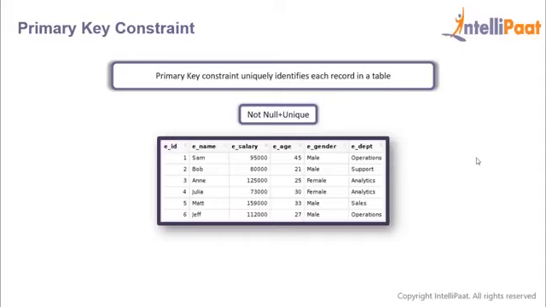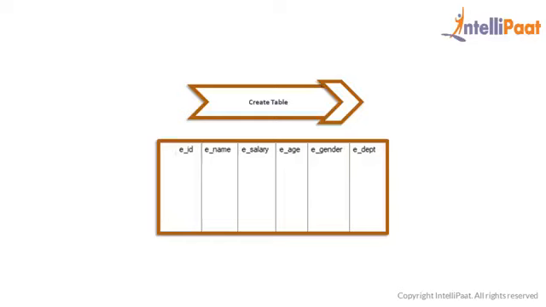So when we assign the primary key constraint to a column, then that column shouldn't have any null values and all the entries should also be unique. For example, if we assign the primary key constraint to the employee ID column, then there should be no null values in this column and all the entries should also be unique.